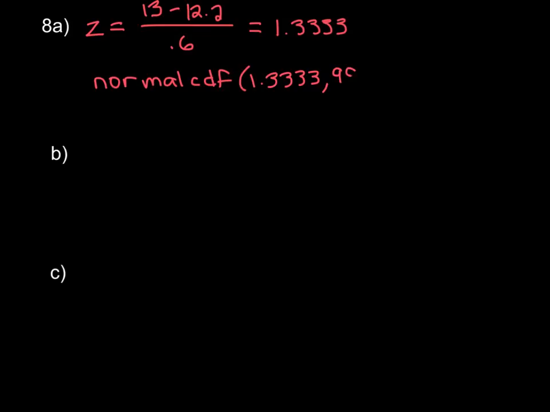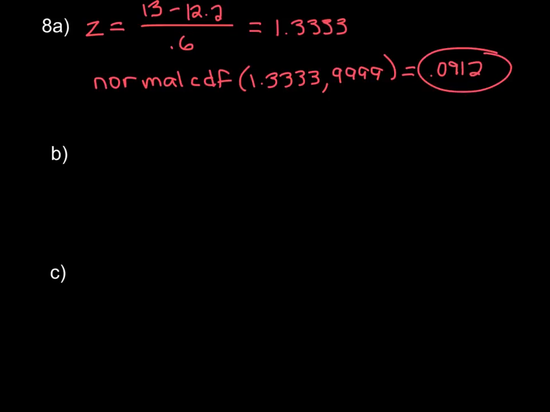So we're using a really big number here, usually positive 9999. When you plug that into a calculator, it gives you 0.0912. So there's about a 9.12% chance that the volume is greater than 13 ounces.